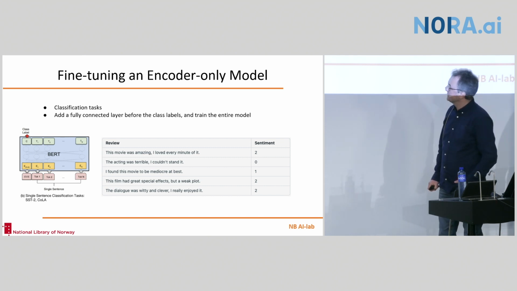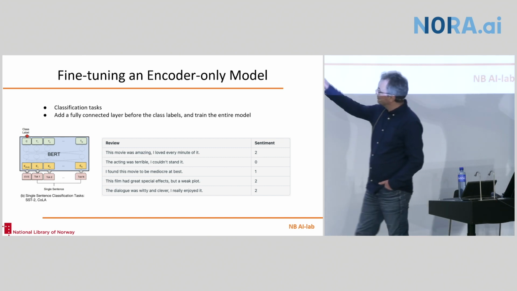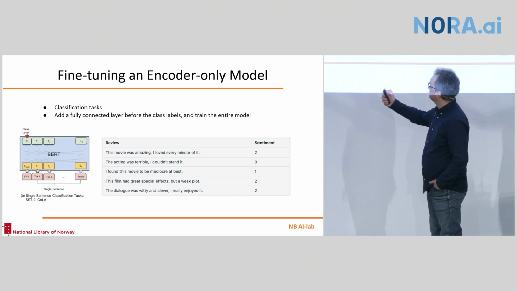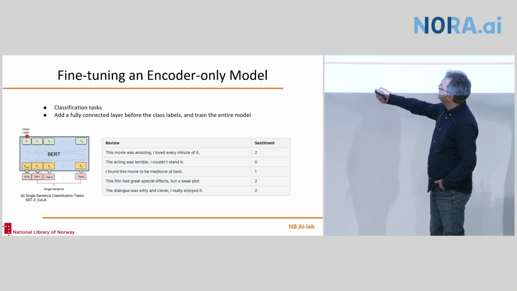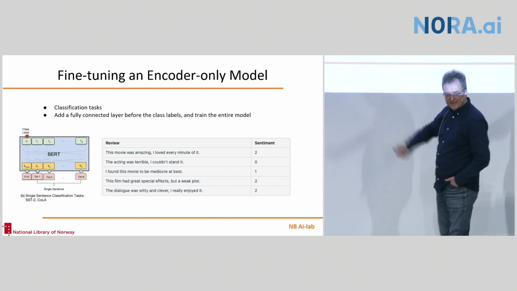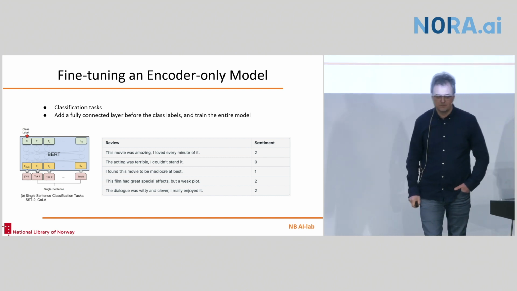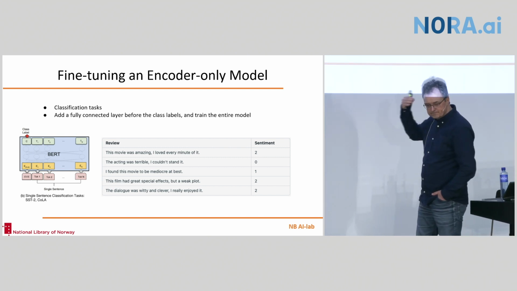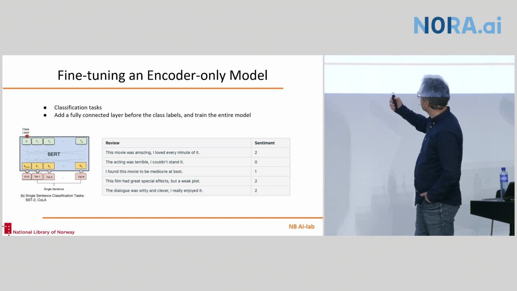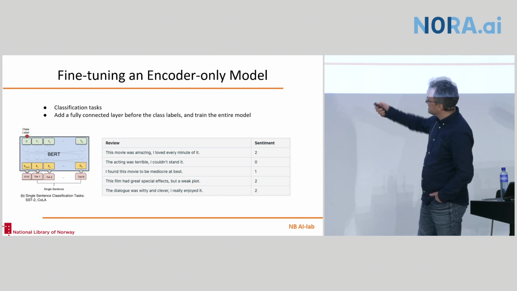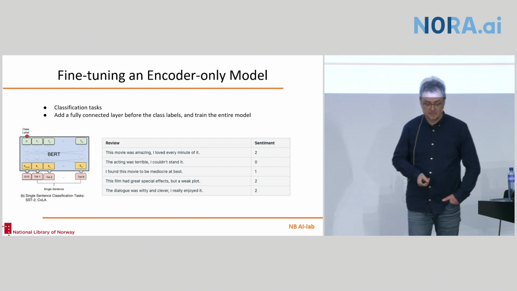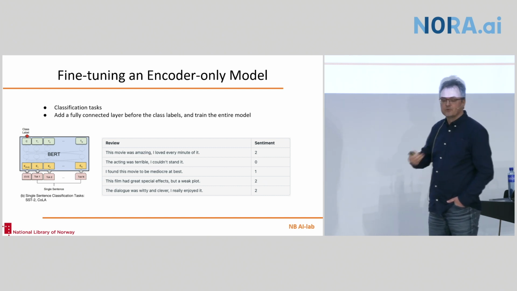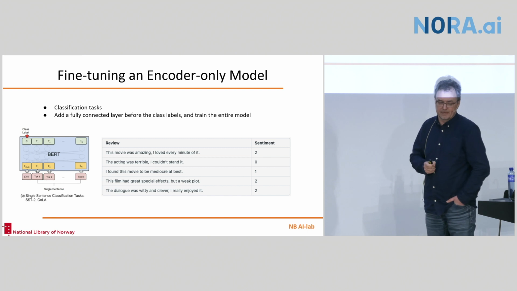What you technically will do here is that you take the output from the pre-trained language model. You will add a fully connected layer at the end of that model, and then you will train that model on this data set. And in the end, instead of just predicting the MLM tokens that you use, it will start after a while to predict the class labels, or a probability of the class labels.